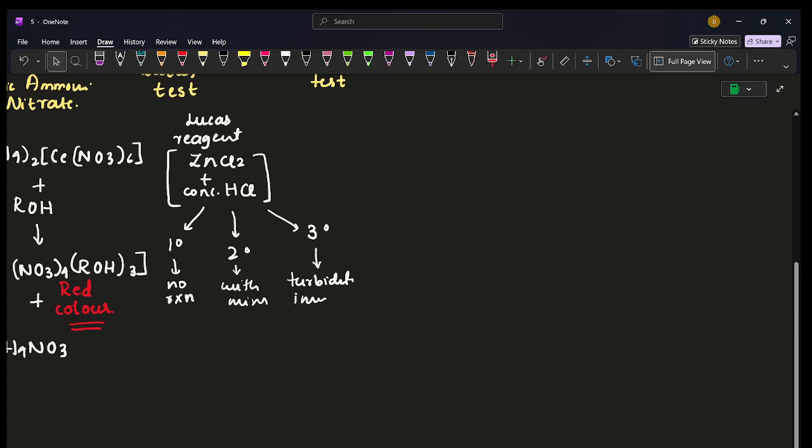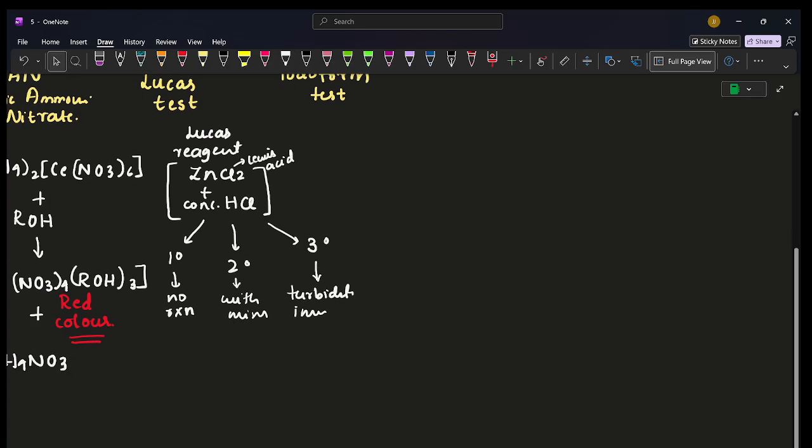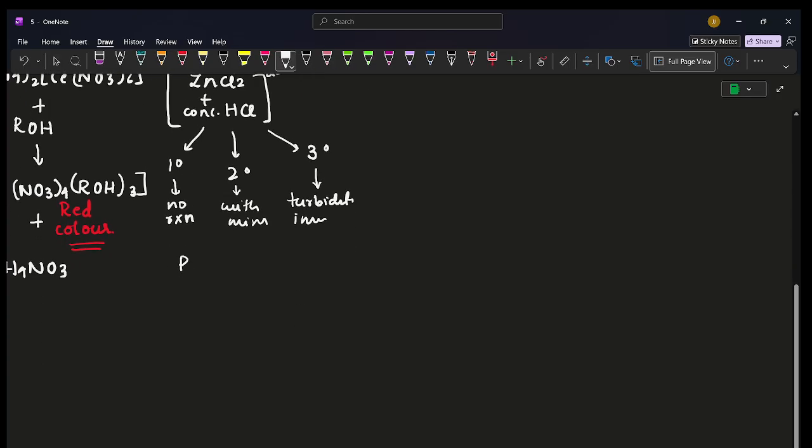Very simple. So this reagent converts alcohols into corresponding alkyl chlorides. Zinc chloride is a Lewis acid, and increases the reactivity of alcohols with HCl. So let's remember that this is a Lewis acid. What really happens here is ROH will get converted to RCl.